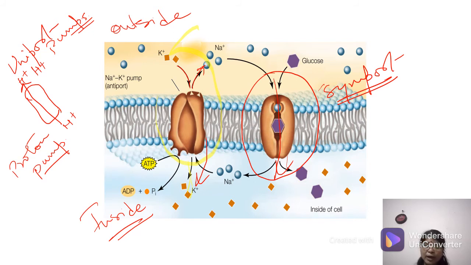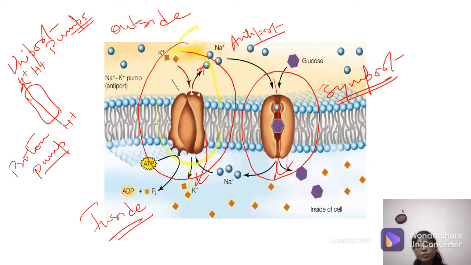And you can look at this case, which is a case of what? Antiport, where different substances are being transported in opposite directions. You can see here, potassium is going inside and sodium is going outside. So this is your antiport example.